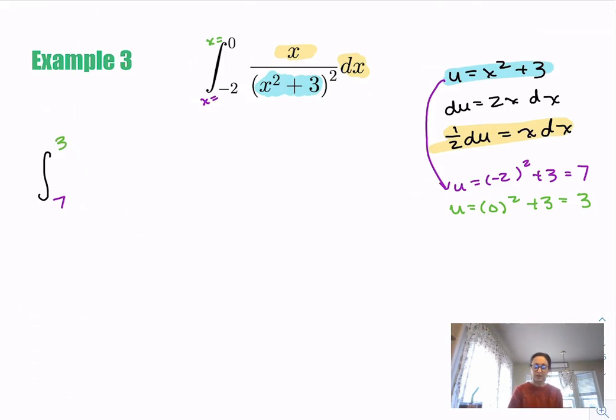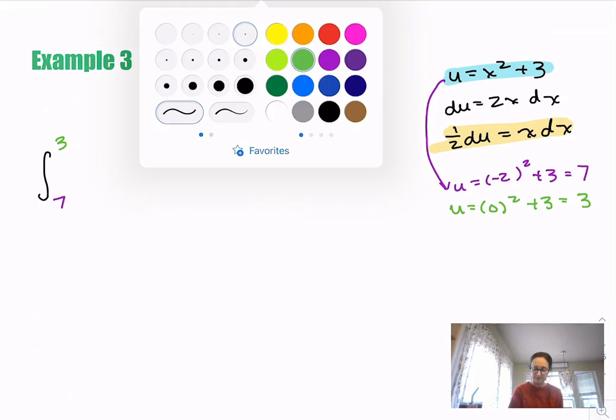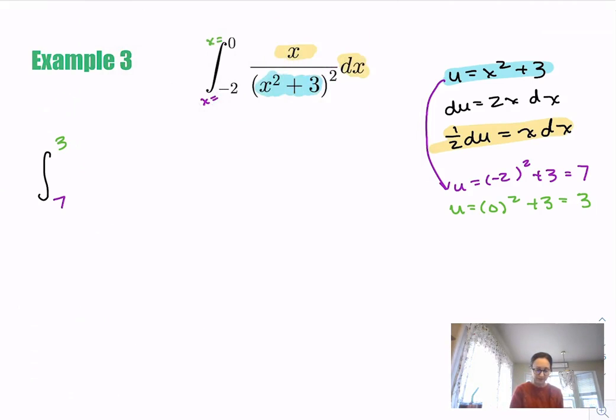Now let's rewrite our integrand. So the yellow part is 1/2 du. So I'm going to bring the 1/2 to the front. Du needs to be on the outside. And then I've got basically 1, because that's a placeholder, right? That u squared needs to be in the denominator, right?